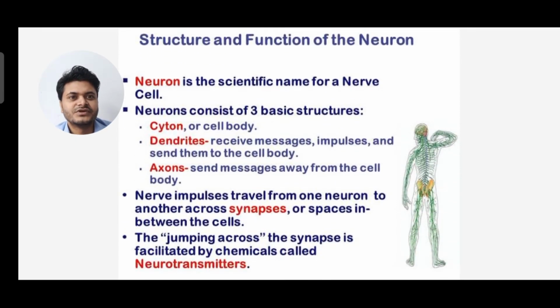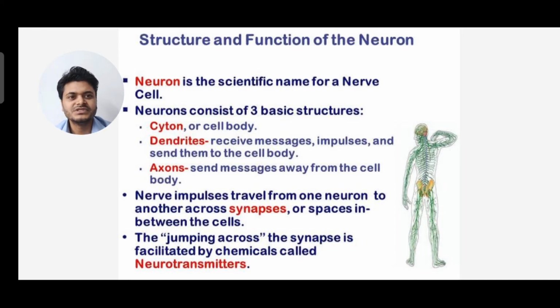Next, the structure and function of a neuron. Neuron is the scientific name for nerve cells, and a neuron consists of three basic parts: cyton, dendrites and axon. The cyton or cell body and dendrites receive messages, impulses, and send them to the cell body, and the axon sends messages away from the cell body.